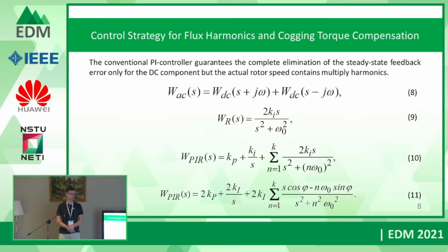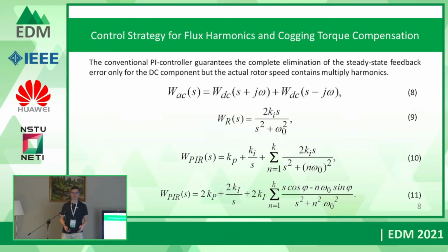This device allows infinite gain at the particular frequency omega 0 without phase shift and gain at other frequencies. Considering the multiple harmonic nature and combining the resonant term with the conventional PI controller, we can reach the transfer function of the proportional-integral-resonant controller presented in equation 10.